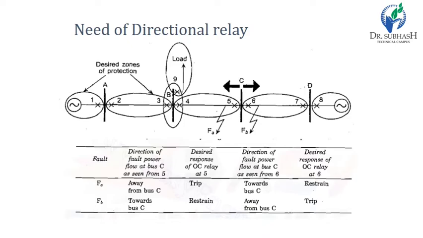So where the current flows in both directions, forward and reverse, if the current is away from the bus, the nearer circuit breaker will trip.